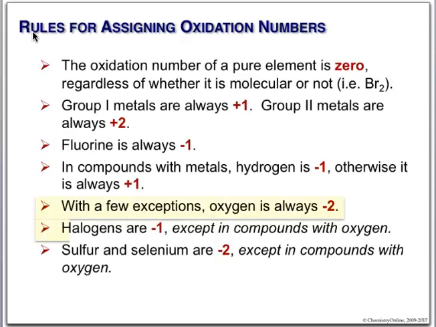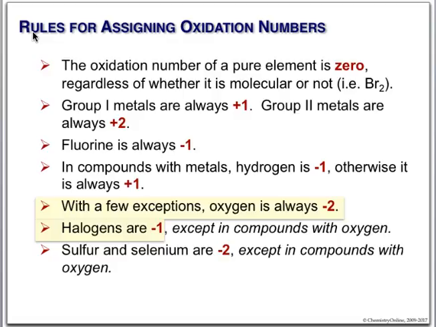It doesn't show up on this projector, but there is a yellow box around this right here. What I want you to remember is that when you see an oxygen, you think -2. When you see a halogen, that's something in group 7, you think -1. That's what you need to know.